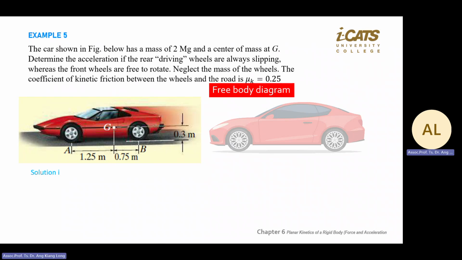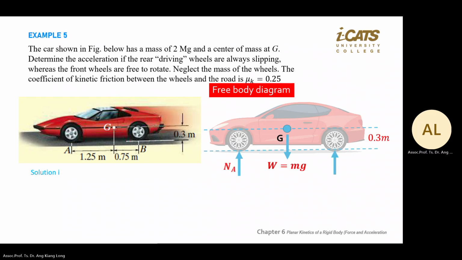Okay, let's continue our planar kinetics of rigid body, force and acceleration, as we go to ma. Yesterday we saw how to use this formula, where we establish our free body diagram and the moment diagram.